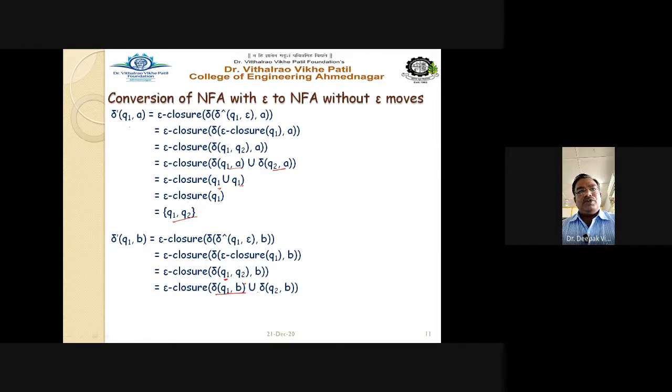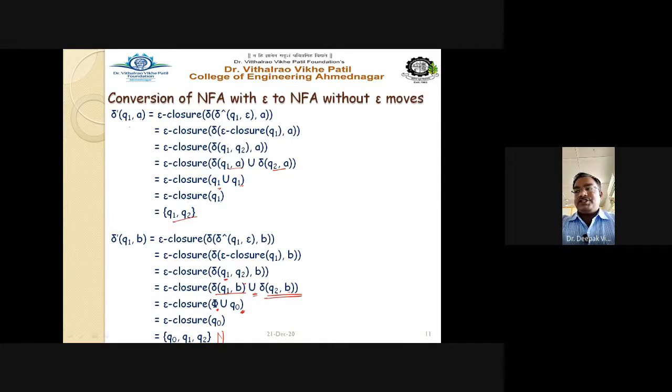Delta q1 comma b union delta q2 comma b. Q1 on b, there is no transition, that's why phi. Q2 on b, yes, there is a state q0. E closure of q0, and what is the e closure of q0? You know it, that is q0, q1, q2. So this is the answer for this transition q1 comma b, right?